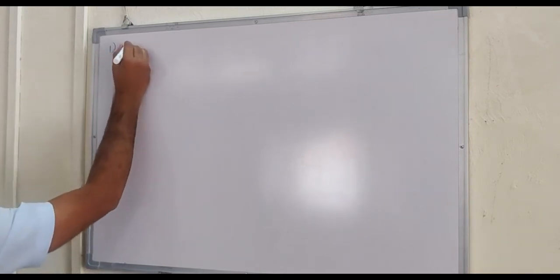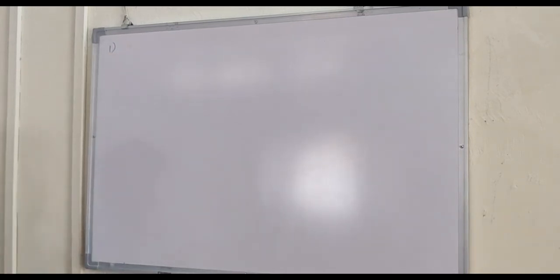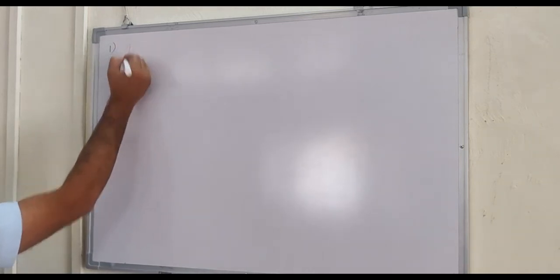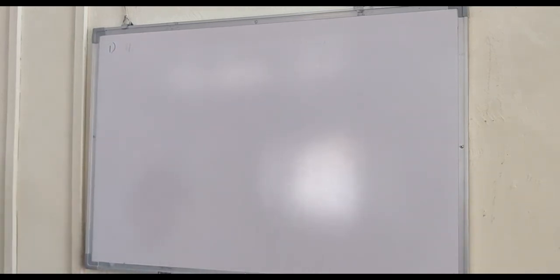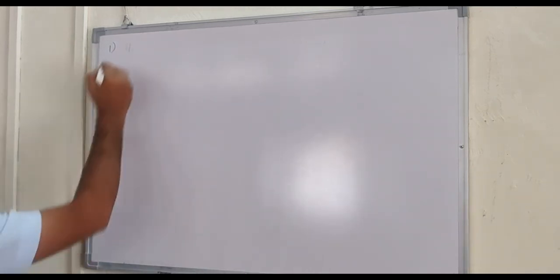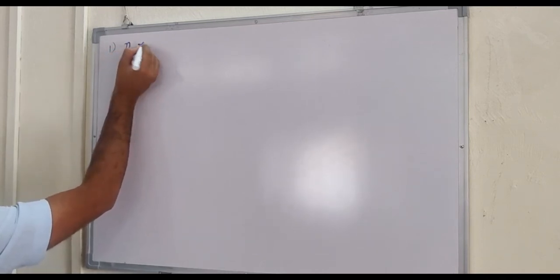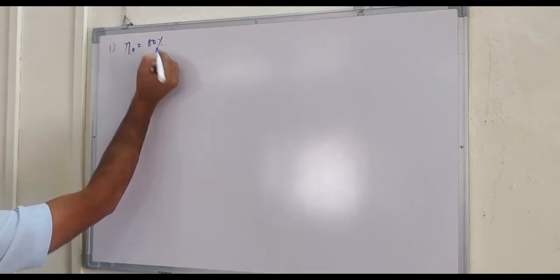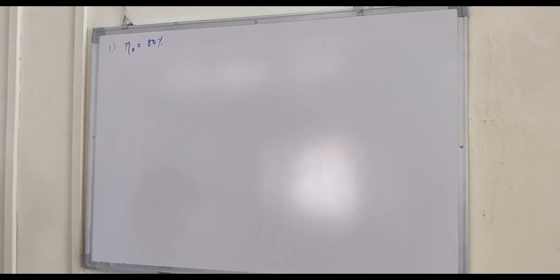So let me write down all the given data and what is to be calculated. First of all, we know the overall efficiency. Overall efficiency is 80%. Next, power is given to you.